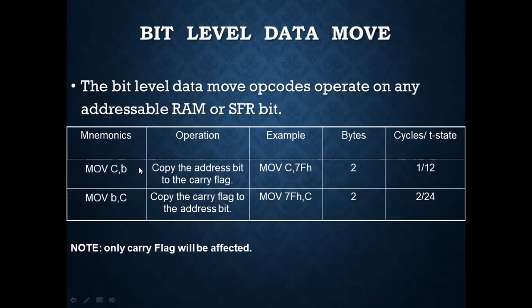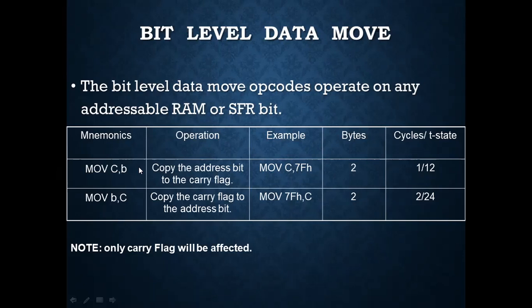Apart from this, remember the flag registers: some bits are bit addressable, and some of the special function registers in the internal RAM area are also bit addressable. Bit addressable means you can access the particular bit by using the instruction.